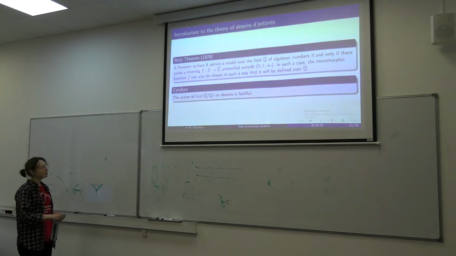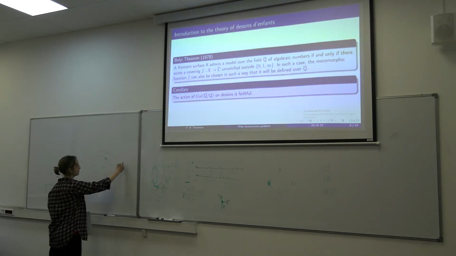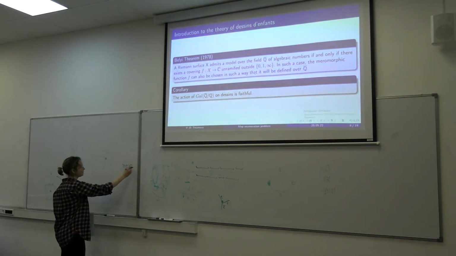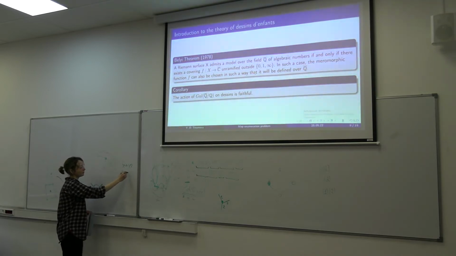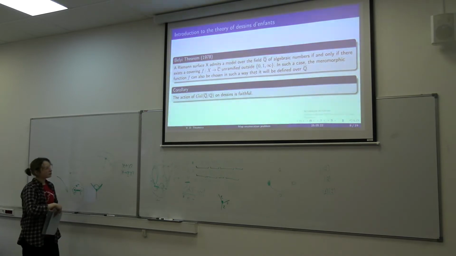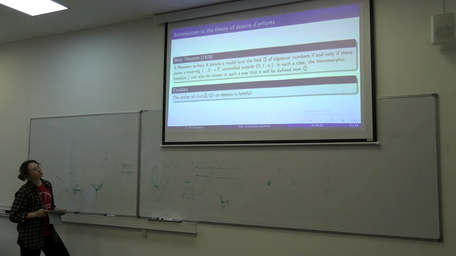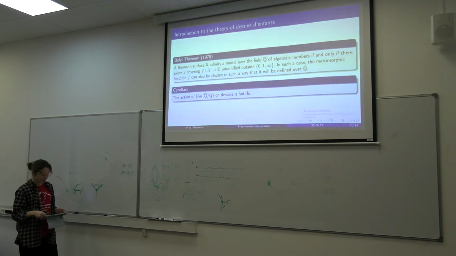We can spoil any good function. For example, if we take this good function, we can spoil it by just adding p. But we can choose it to be defined over the algebraic closure of Q.